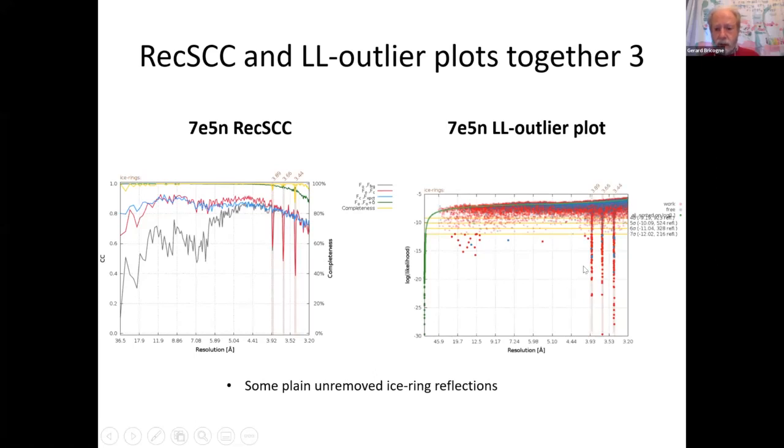Here, it's on an individual reflection by reflection, merged reflection by merged reflection basis. So there is information attached to each of those dots, and maybe we can present it in a different way. And this is the purpose of data auditing.